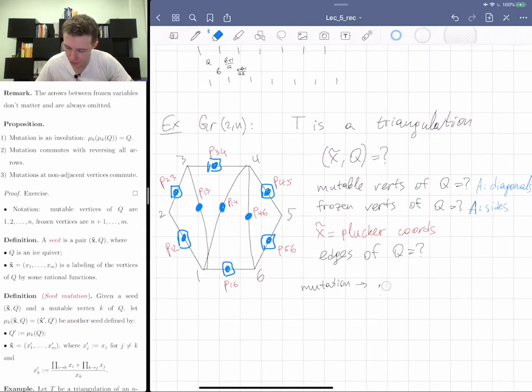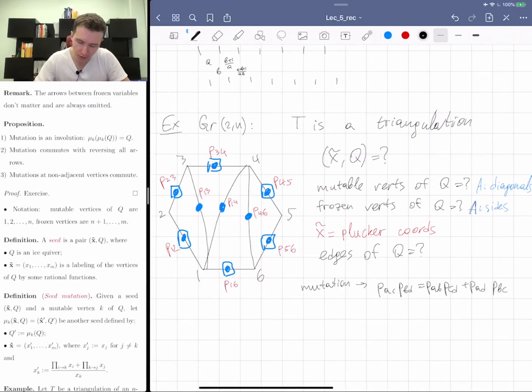Let me write it in general: P_AC P_BD = P_AB P_CD + P_AD P_BC. And in this case, you look at, let's say, this quadrilateral here. By the way, if you want to guess, pause right here and think about what the arrows should be.